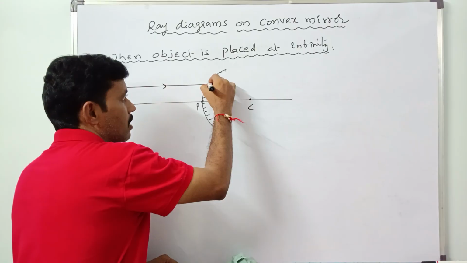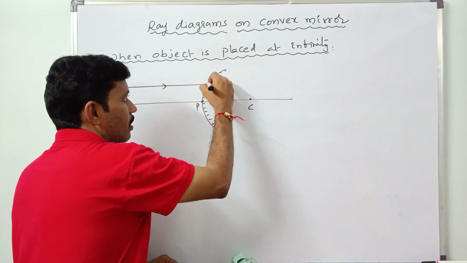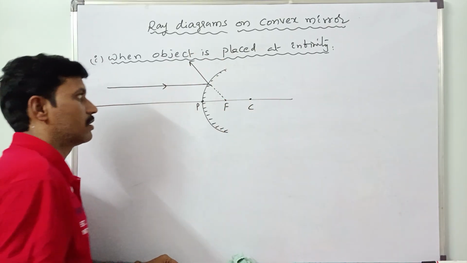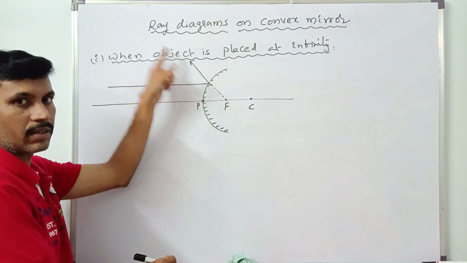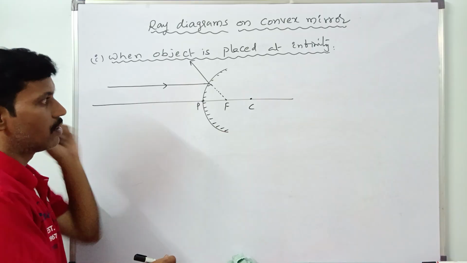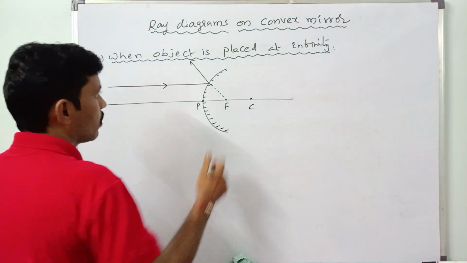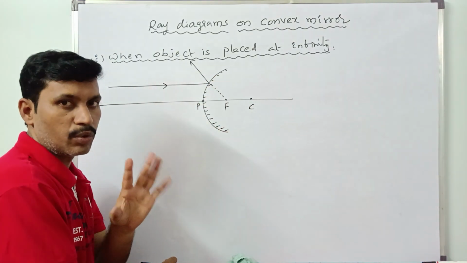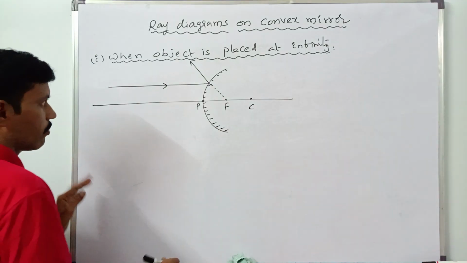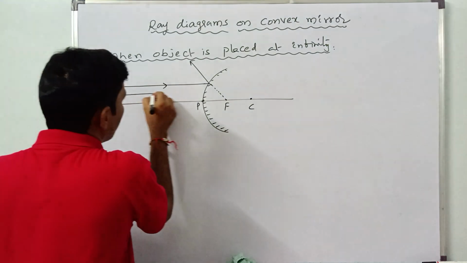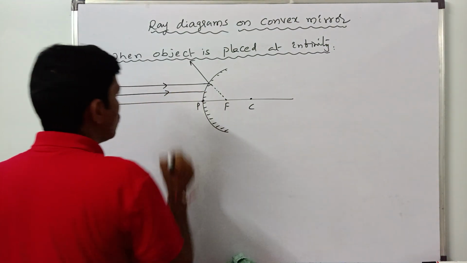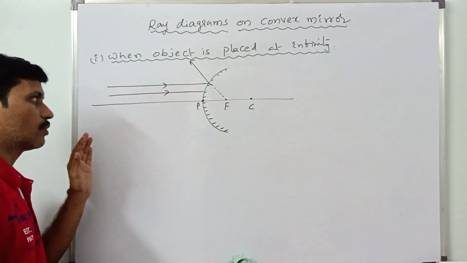So let us draw like this first of all, then it can be reflected back. Understand? It appears to diverge from the focus point. Clear? So it is one parallel ray. We need at least two rays to draw the ray diagram to get the image. So let us take a second incident ray, parallel to the principal axis here also.